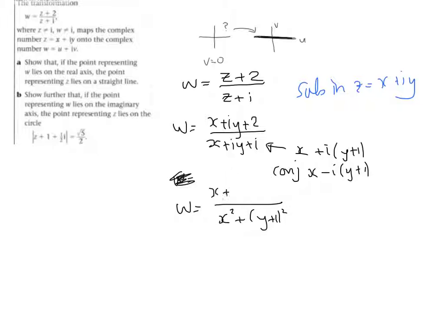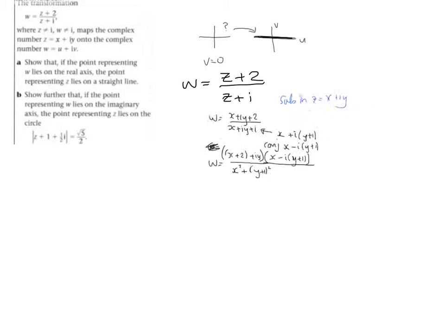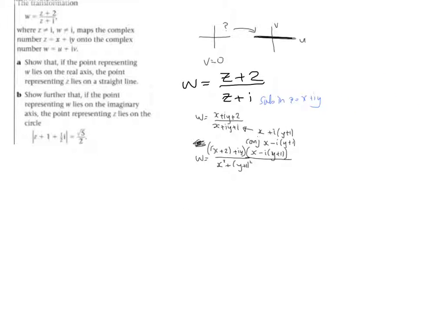On the top, x plus 2, there's my real bit, plus iy, multiplied by x minus i(y plus 1). It looks a bit disgusting, but I'm sure it'll all work out. I think I prefer the loci way, but I shall persevere. Okay, expanding out.